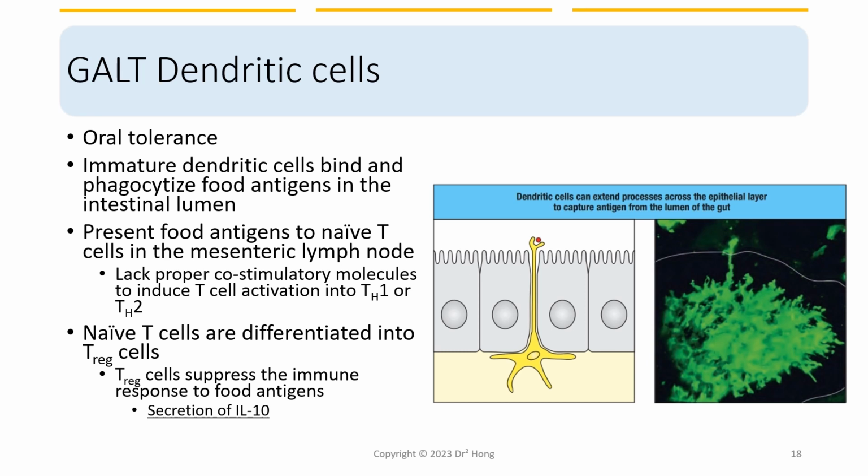Even though these dendritic cells present food antigen to naive T cells in the mesenteric lymph nodes, they lack co-stimulatory molecules to induce T cell activation into Th1 or Th2 helper cells. Instead, these naive T cells differentiate into regulatory T cells that secrete IL-10 to suppress immune responses to food antigens.